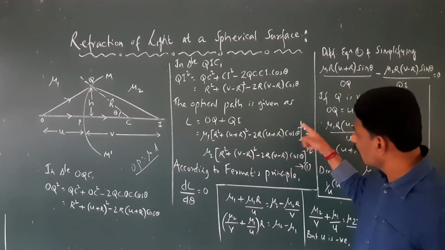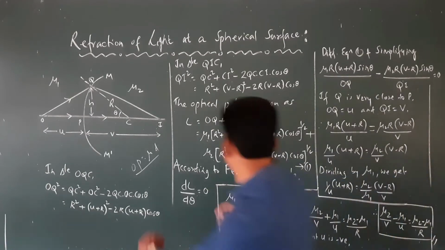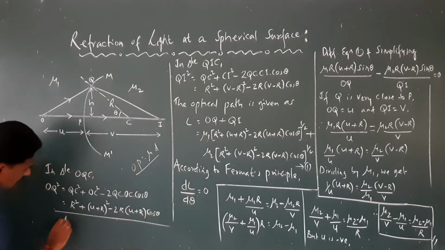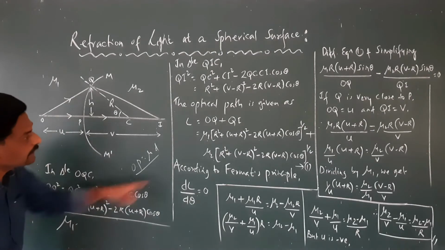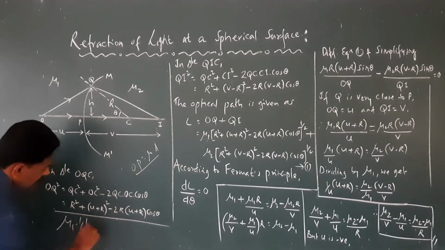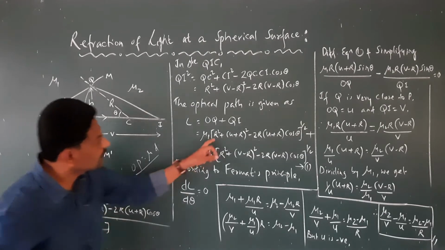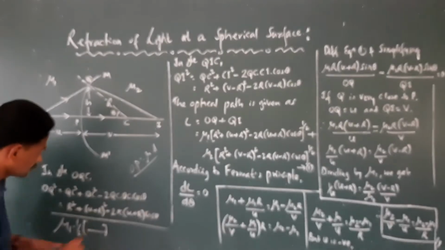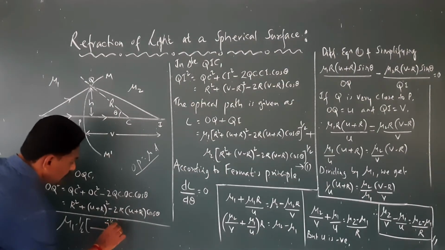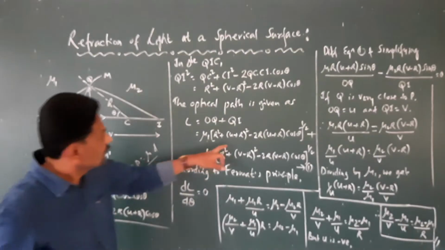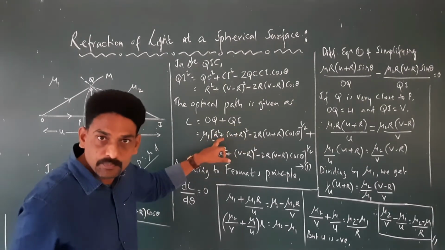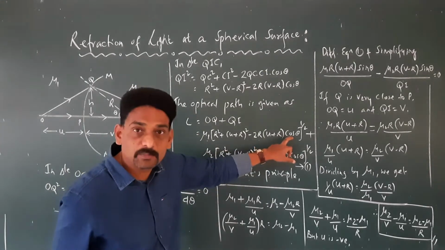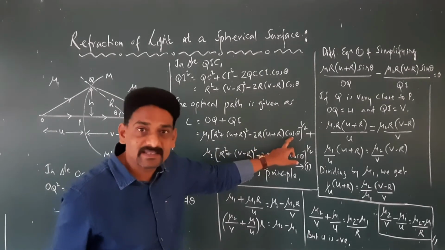This is going to be mu1 as it is, into 1 by 2, into this whole term as it is raised to 1 by 2 minus 1, that is minus 1 by 2, into differentiation of this term, which is going to be 0, and then here differentiation of cos theta is going to be minus sin theta.